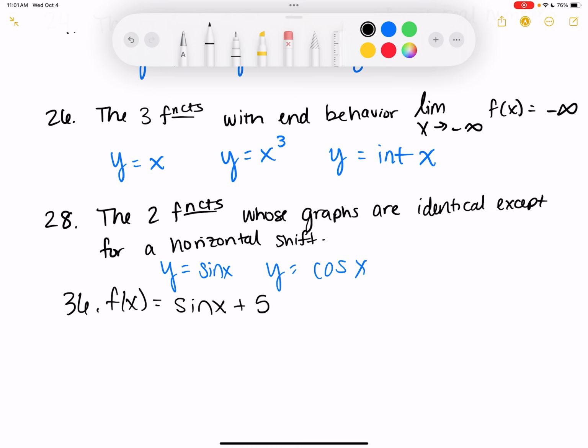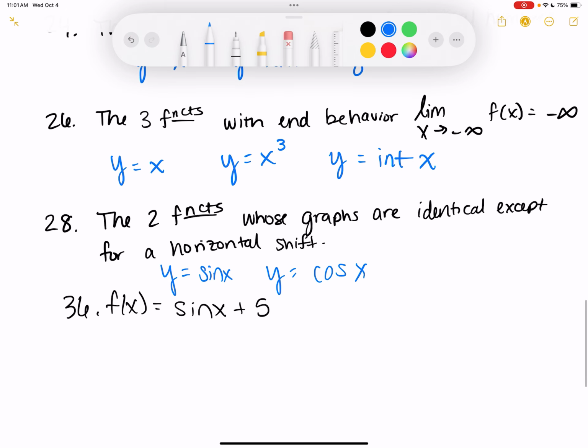That would be unfortunate. Okay, no. All right, so we plug in. I did have it right. I just didn't think it was right. So we plug in negative x for x. So f of negative x is equal to sine of negative x plus 5.